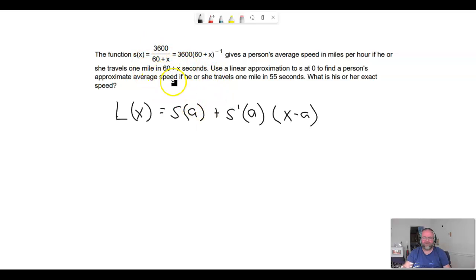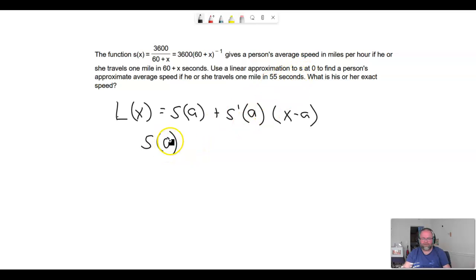So we should get something close to actually plugging in the -5 in order to make this work. And we'll talk about that in just a minute. So what we're going to need to do is figure out s of a and s prime of a. Let's start with s of a. That's going to be s of 0 because they're asking us to find s at 0.